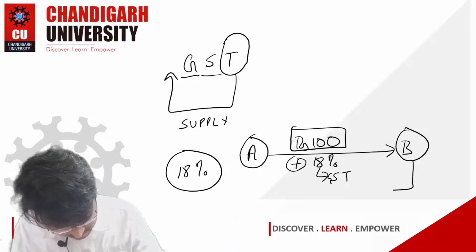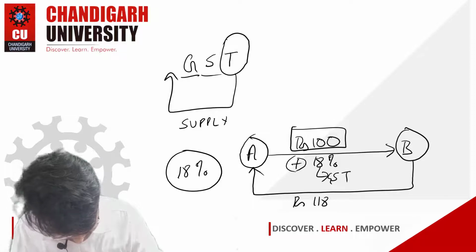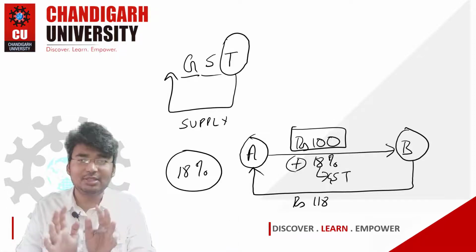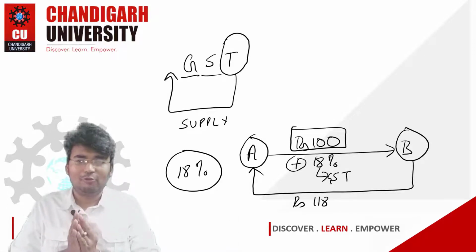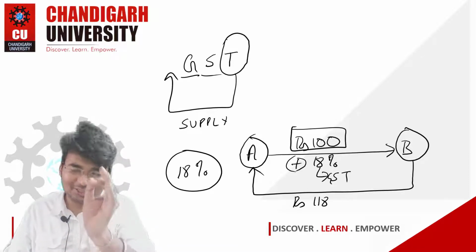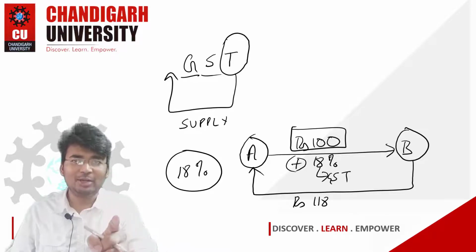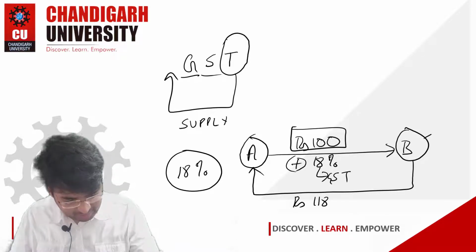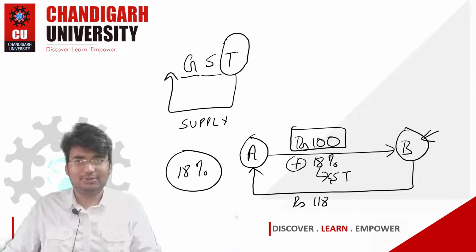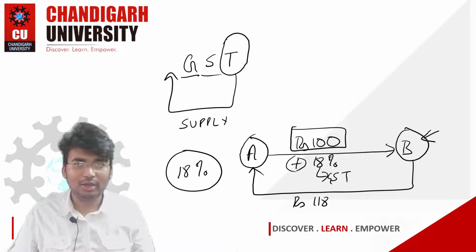Now B has to pay a total of 118 rupees to A. So this is the basic mechanism of GST. Whatever is the amount of goods, on that amount the percentage of GST is applied, and after applying that, the total payment is made by the recipient of the goods. So B will pay 118 rupees to A.